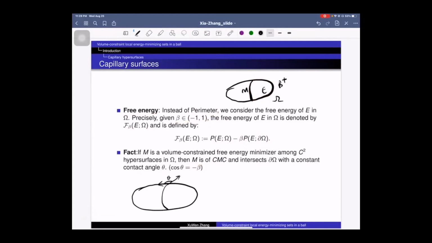This is theta. This is M. And for the special choice that beta is 0, by the relation that cosine theta equals minus beta, we see that theta must be half of pi. So this reduces to the case that M intersects the boundary of Omega orthogonally, which means that M is a free boundary hypersurface.